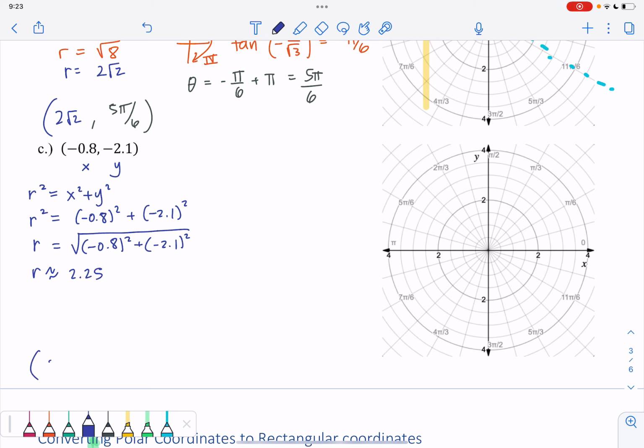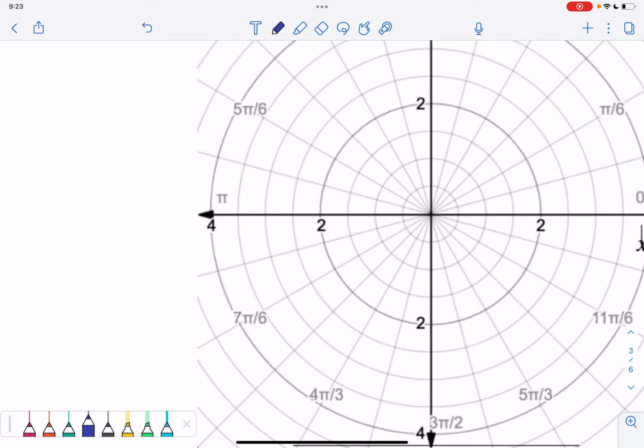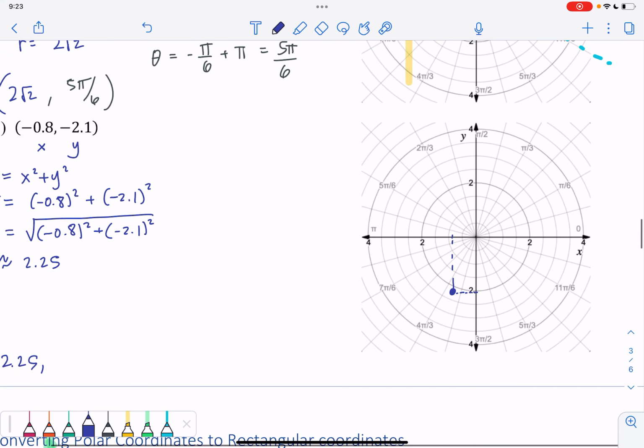Okay, so if I'm building my point, I have my r value there. And if I go to graph this, I've negative 0.8 comma negative 2.1. So negative 0.8 is about here. Negative 2.1, I don't know, about there. So that's going to be somewhere like right here. Okay, so let's see if that'll work.